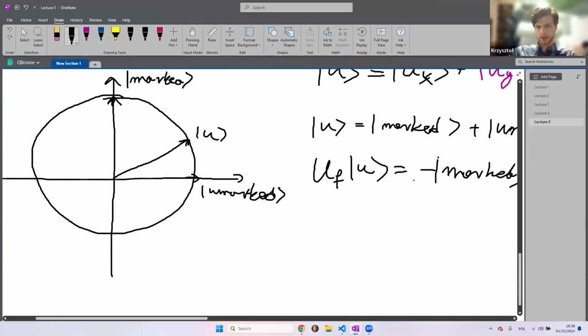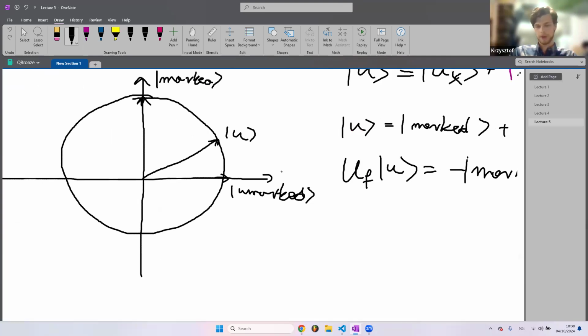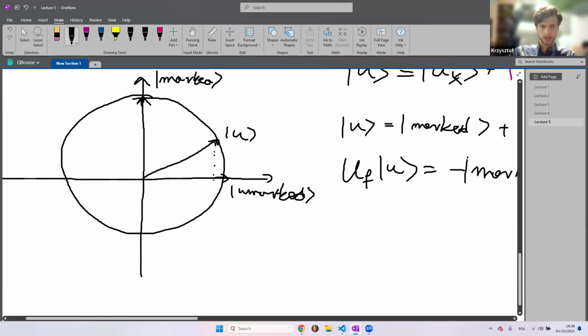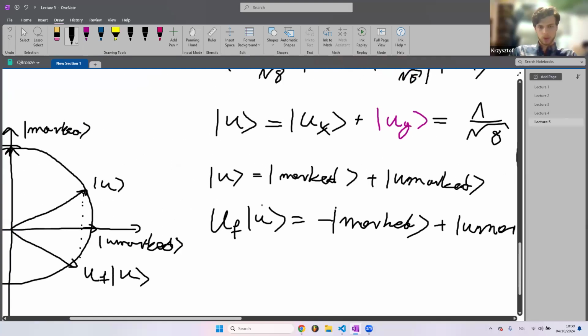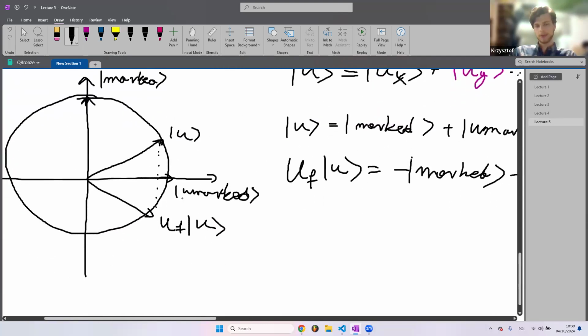And as you can see from the unit circle, the resultant vector after applying the UF operator will just be a reflection about the unmarked vector. The unit circle is imperfect here, but this will be our state UF of U. Okay, so now we have to do the inversion about the mean.